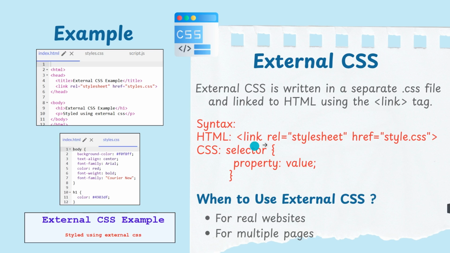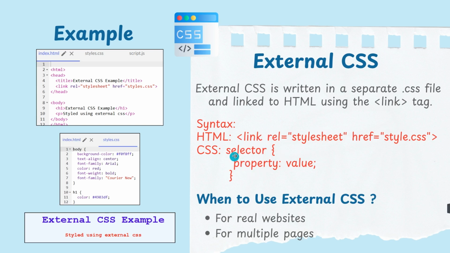So this is how the syntax looks. Whenever you are adding a file, you're supposed to write this code in HTML. Link is a tag. You have to type rel equals stylesheet and href equals style.css. So it's just a relationship that is a stylesheet, and the hypertext reference is the file name, style.css.